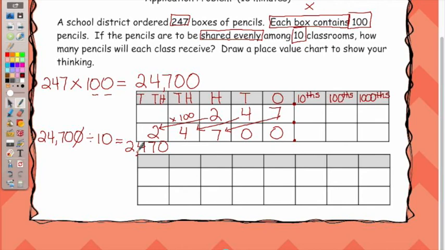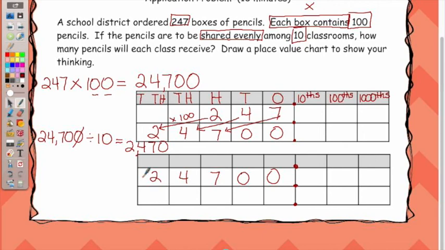Okay, so if I'm going to put this on the place value chart, can we do it without labeling it? Just use the labels from above. Okay, so 24,700. If you don't know where to write that, you can just look back up at your answer from step 1, can't you? Here's your answer to step 1. That's what we started with.